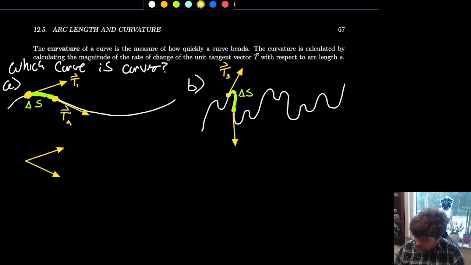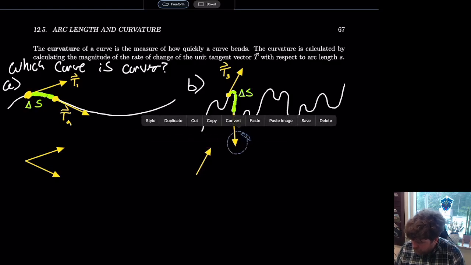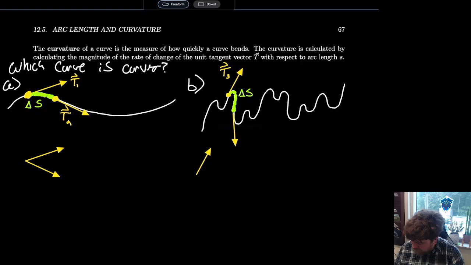So if I were to take these two tangent vectors, remember, I walked the same distance in this problem that I did in the previous problem, but now look at how much my tangent vectors deflect. There's a much higher deflection amongst our tangent vectors walking along the second curve than there is along our first curve.